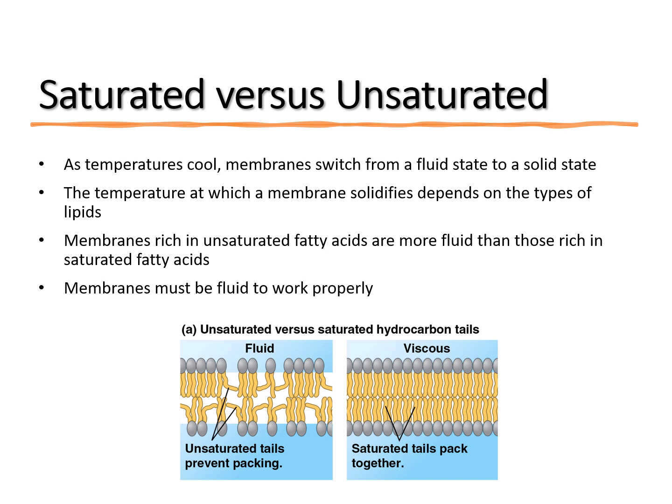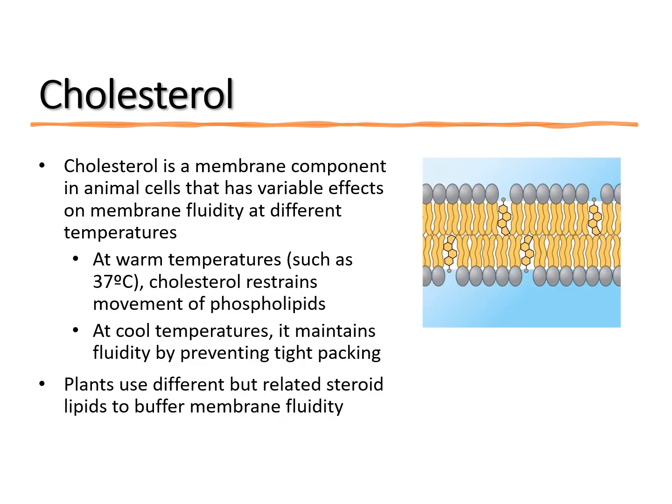And in order for membranes to work properly, we need to be able to maintain their fluidity. Cholesterol is another component that's essential in helping to maintain membrane fluidity, specifically in animal cells. So it has different effects at different temperatures. At warm temperatures, such as 37 degrees Celsius, which is about body temperature, it actually makes sure the phospholipids don't move as much.